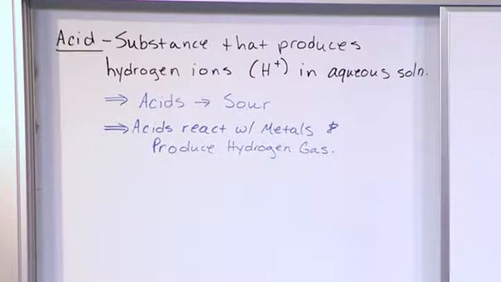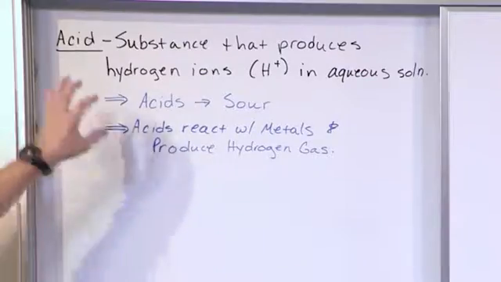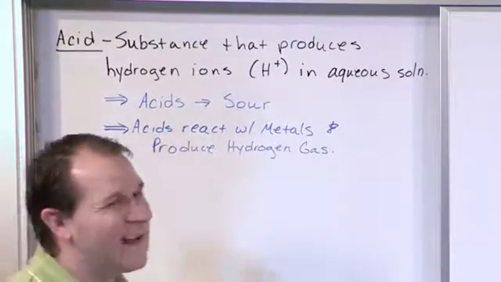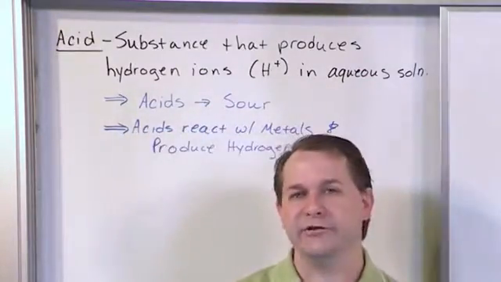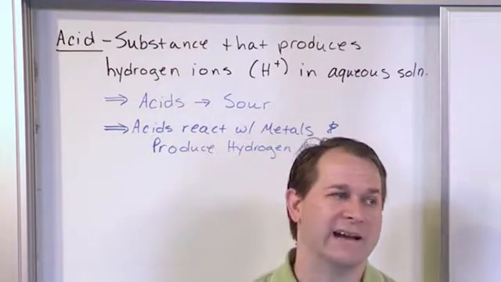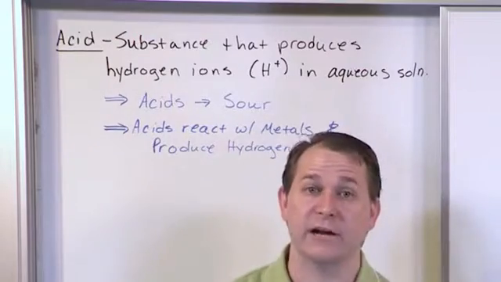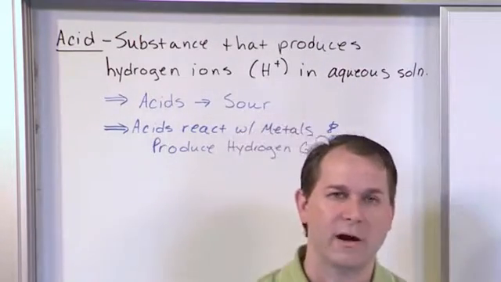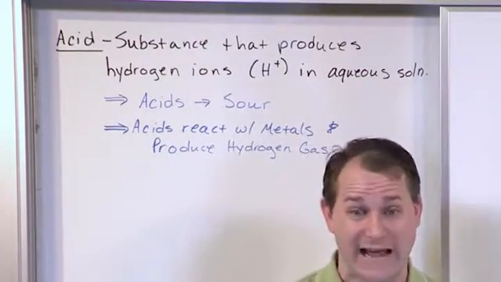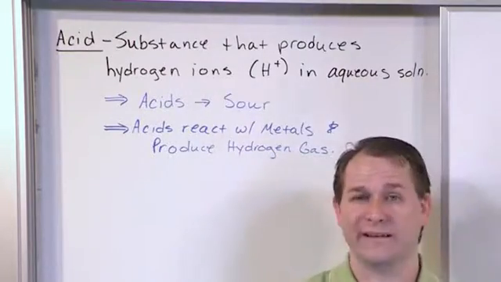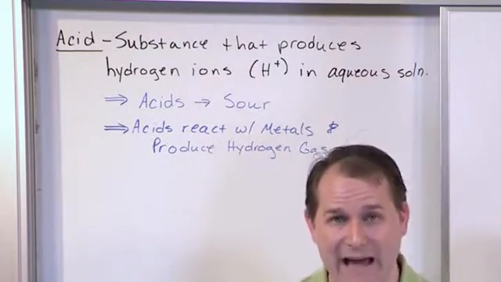Again, it's more of a characteristic of an acid. Because of the way acids are constructed, with all of these hydrogen ions floating around, in general, if you put a metal in there like zinc or magnesium or sodium, a really nice strong metal, and you drop it in hydrochloric acid, it's going to immediately start to boil, but it's not water vapor coming up, it's hydrogen gas.